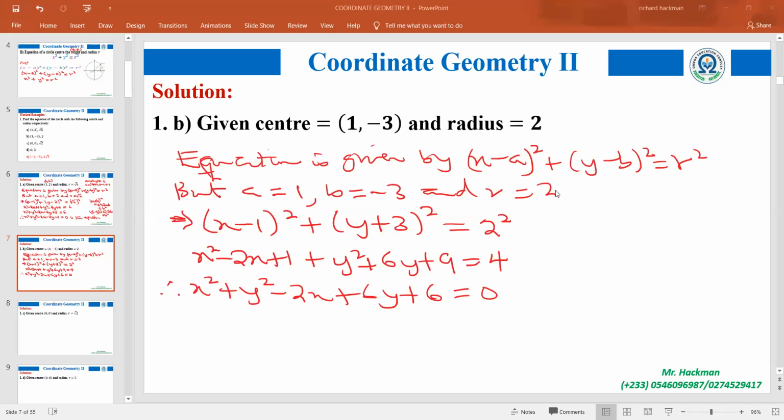And like I was saying, equally, I can choose to take the step out. Then I can write given center (a, b) is equal to this. I know that my center will always be (a, b). Then radius r is equal to this. In that case, I don't have to write a is equal to this, b is equal to this, because I've stated my a here, my b here.